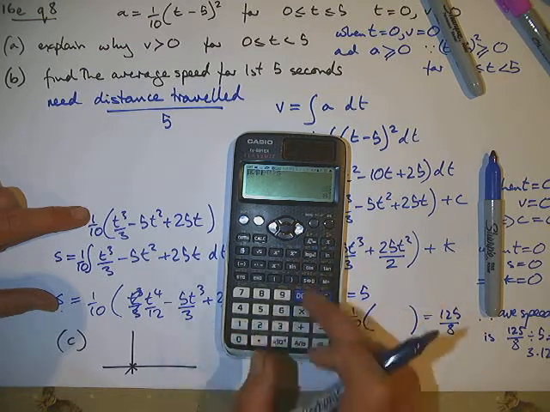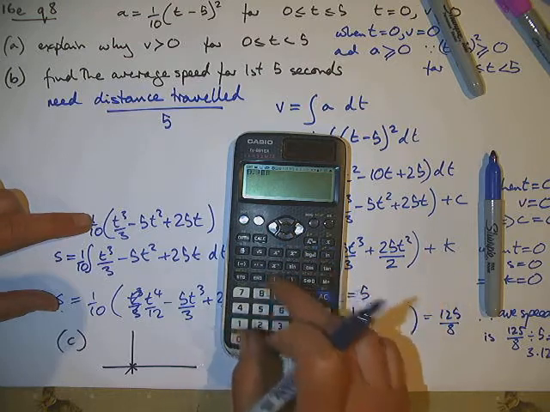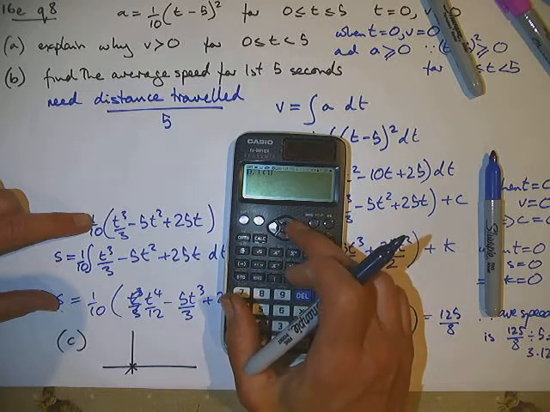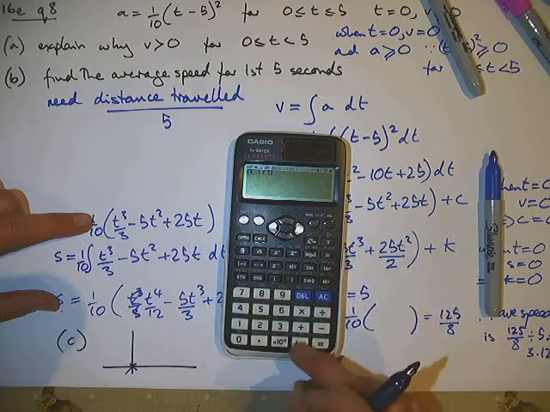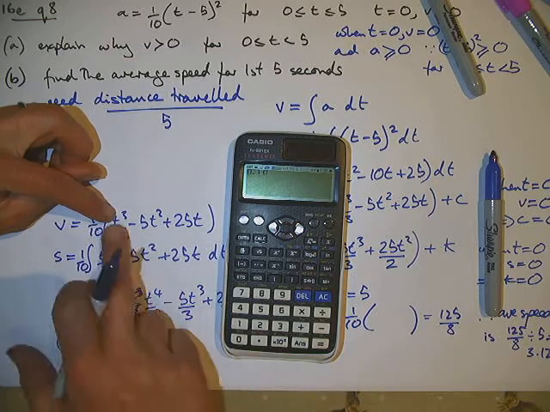So 0.1 multiplied by, oh, they're all 5 cubed, aren't they?